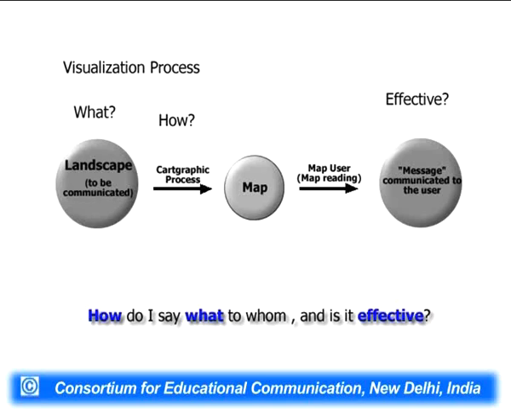And I is basically, as a student or a teacher or a professor, an individual. And how do I say what is our audience? We have to keep in mind who our audience is, whether it's school-going children, college-going students, or a senior researcher. And then whatever we are communicating, is it effective or not?